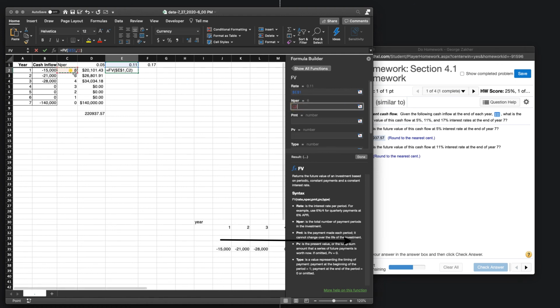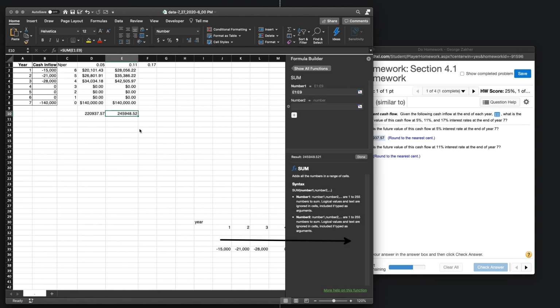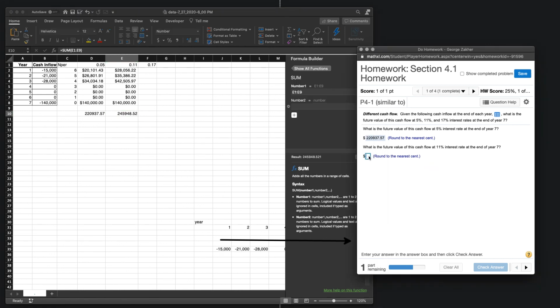Again, we can use our auto sum. You should see an increase because the interest rate is increasing, right? For the future value of money, if the rate increases, then the value of the money should also increase.